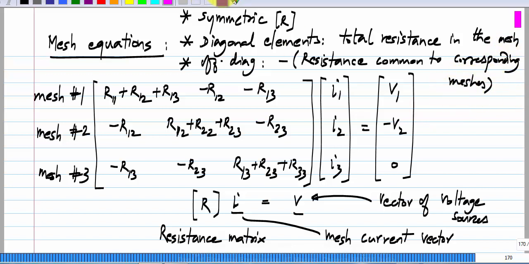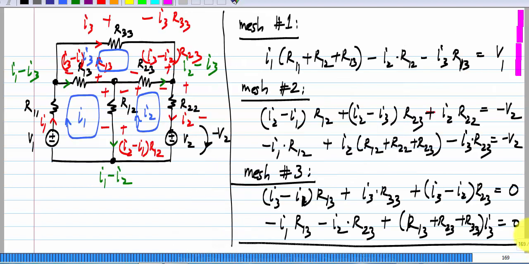Okay. So now you can by matrix inversion solve for the unknown mesh currents I, and from those currents you can get the individual branch currents. For instance, we have already identified that the current through R11 is I1, R22 is I2, and R33 is I3.